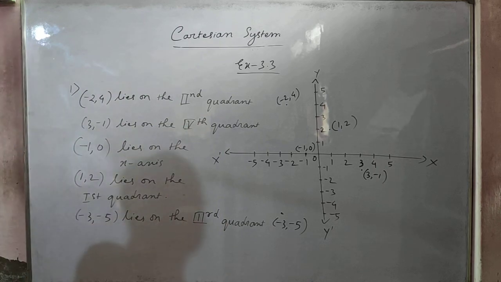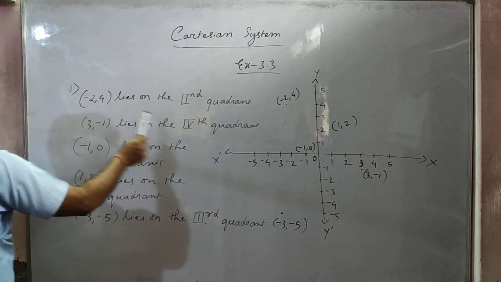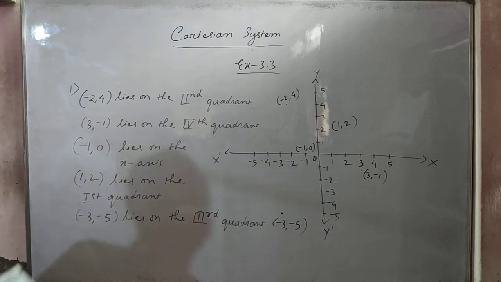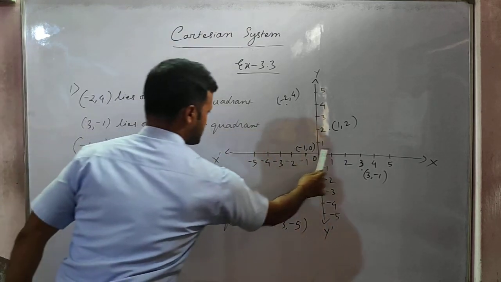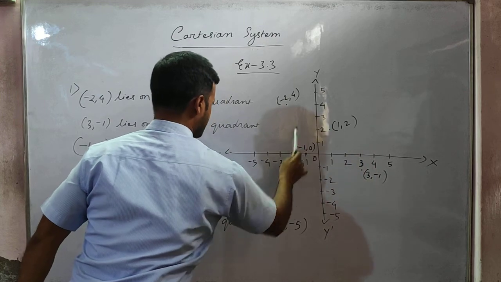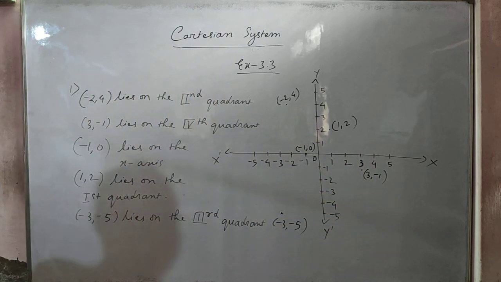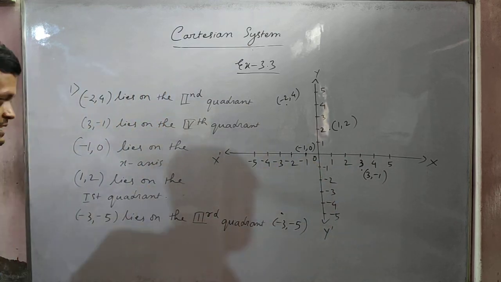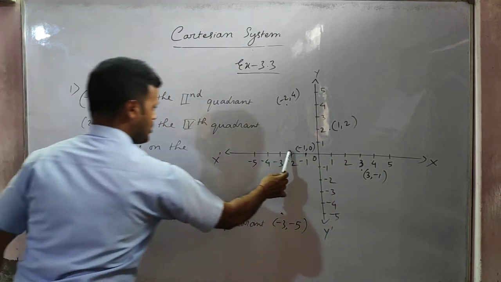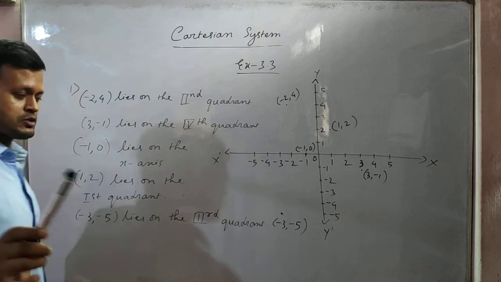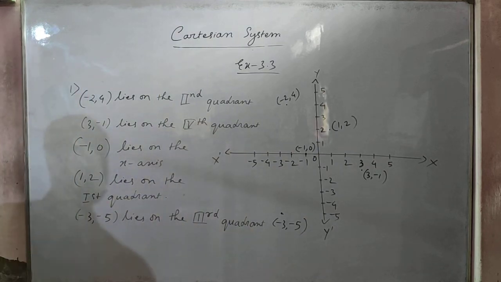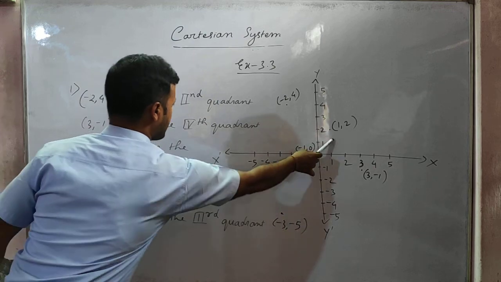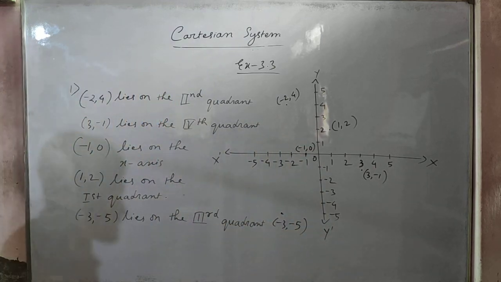So (-2, 4) lies on the second quadrant. (3, -1) lies on the fourth quadrant. (-1, 0) lies on the x-axis. (1, 2) lies on the first quadrant. And (-3, -5) lies on the third quadrant. Is it okay?